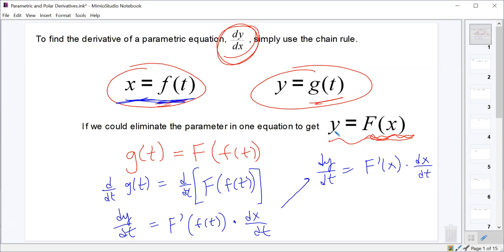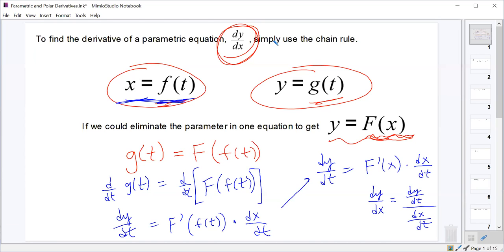That should be dy dx, shouldn't it? So dy dx ought to equal dy dt divided by dx dt. And that's the chain rule. And that's how we can find the derivative with respect to x of a parametric equation.